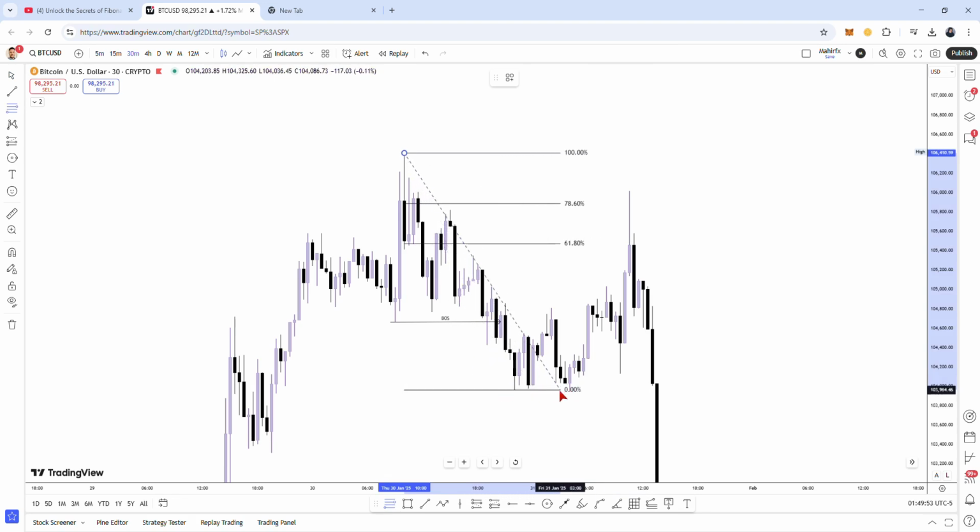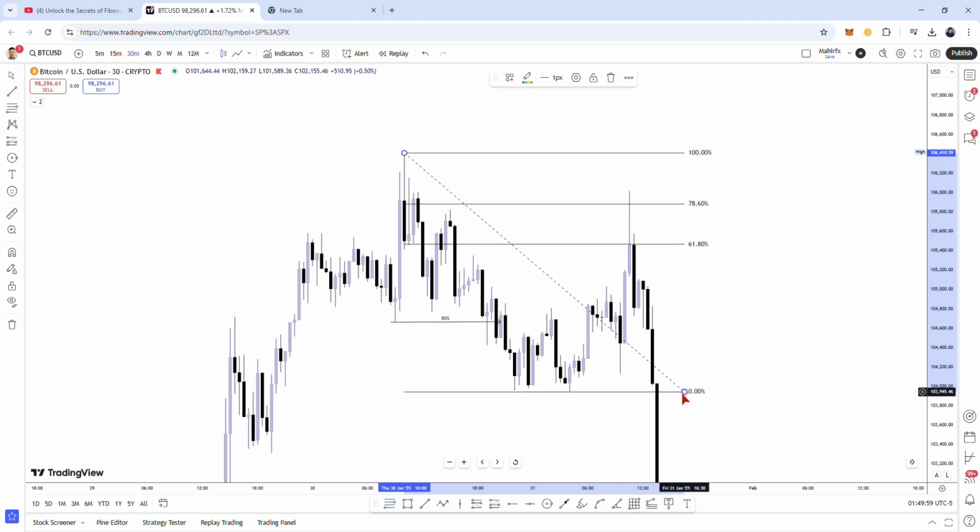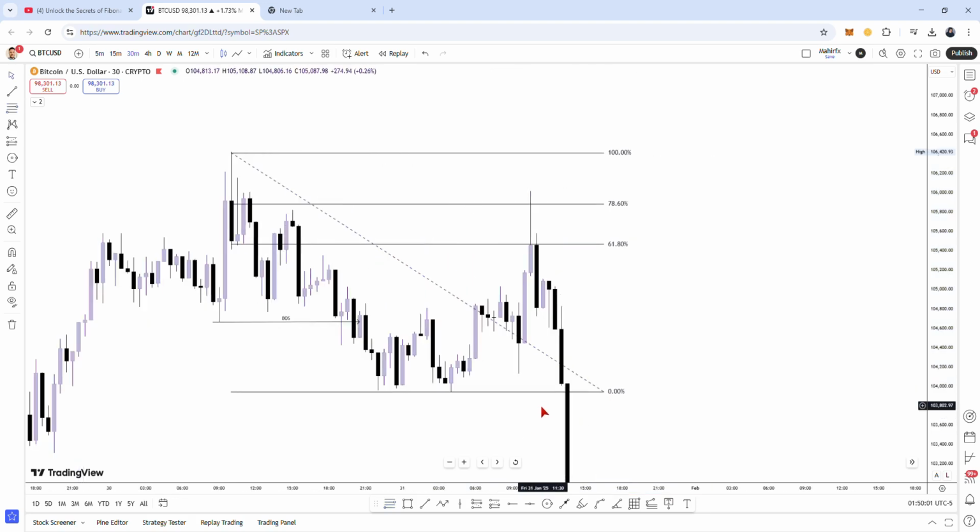So from high to low, this is the swing low. Okay, we have to mark this as a swing low. So in previous video I have told you the confluences to look before entry.